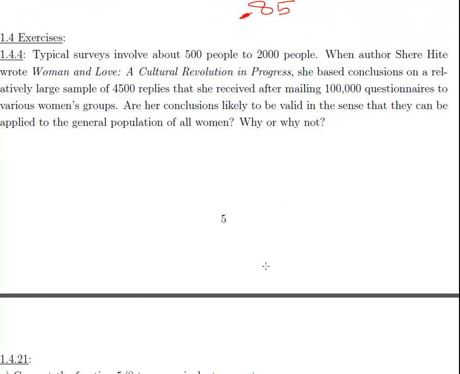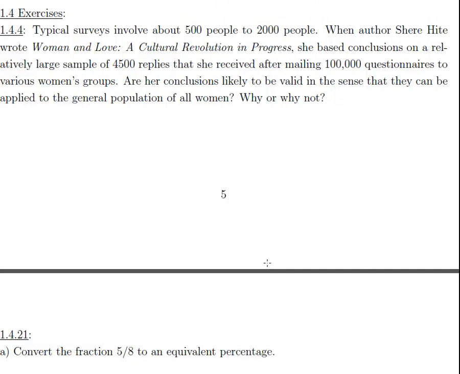Okay, well that's the end of that section. There are usually some exercises at the end that we'll do. Okay, so this is exercise 1.4.4, meaning it's in section 1.4. And it says something about a survey that involved between 500 to 2,000 people.